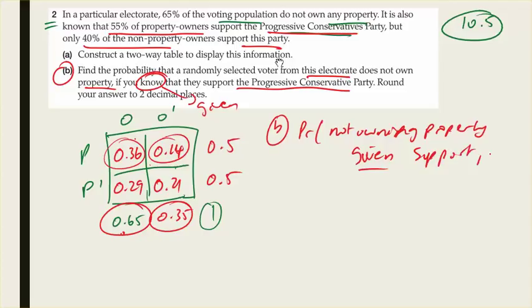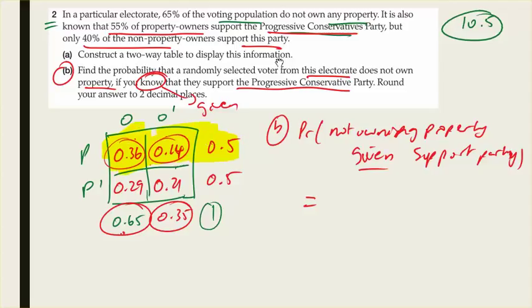Let's call it party. So let's see what our total is for them supporting the party, because given that they support the party, we're looking at this row here, because these are all party supporters.